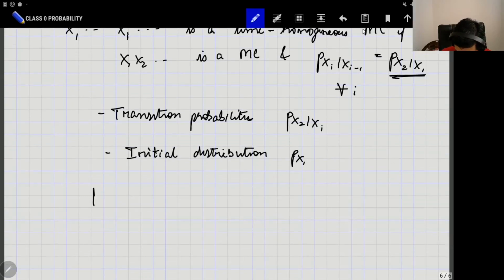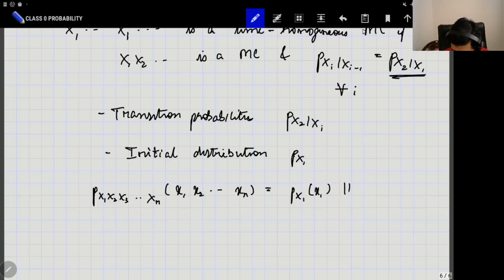So for a time homogeneous Markov chain, p of x1, x2, x3 up to xn, evaluated at little x1, little x2 all the way up to little xn, can be factorized as p of x1 of little x1 times the product, i going from 2 to n, of p of xi given xi minus 1 of little xi given little xi minus 1.